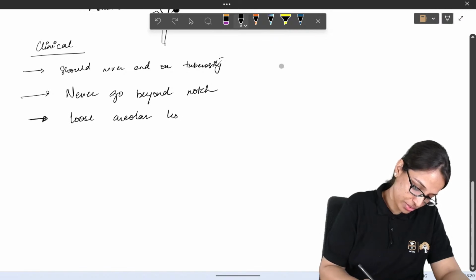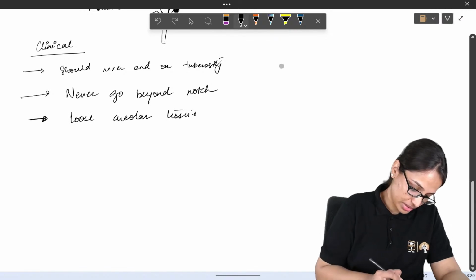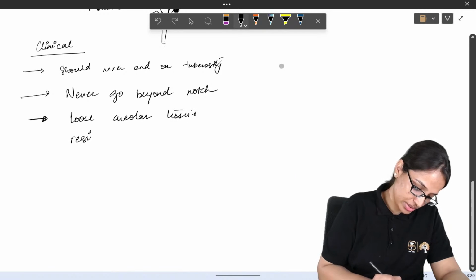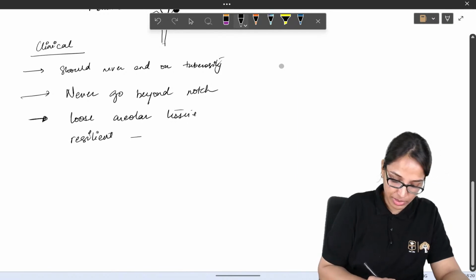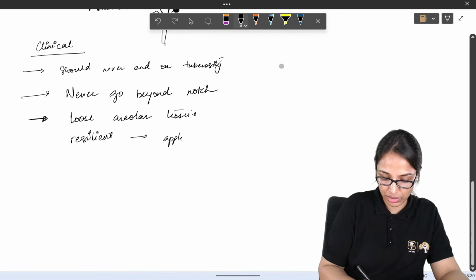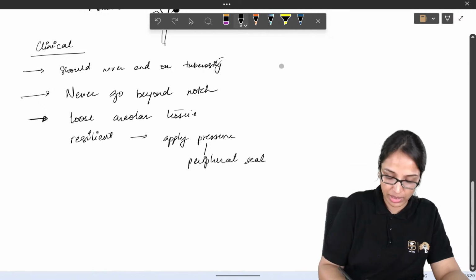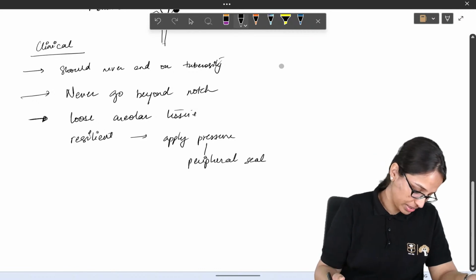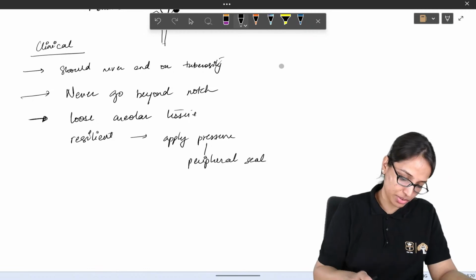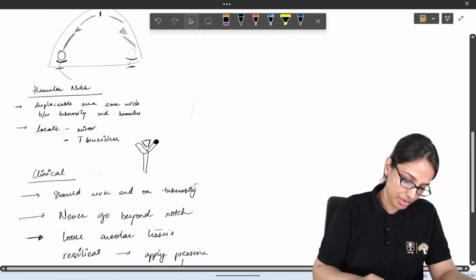This tissue is resilient in nature, which means you can apply pressure over it to obtain a good peripheral seal for your denture, right? So that is about your hamular notch.